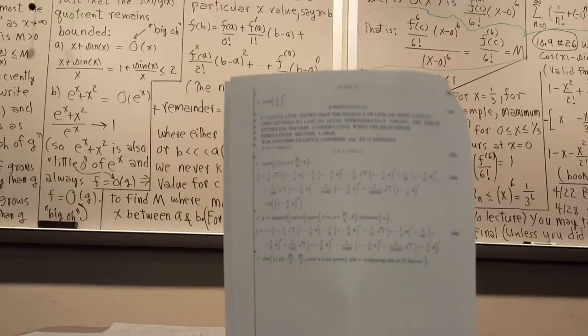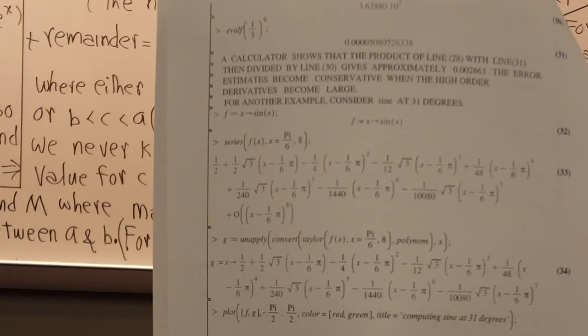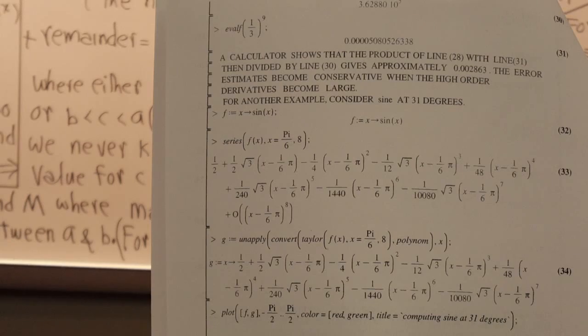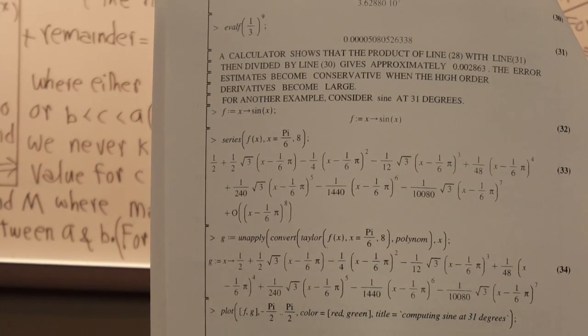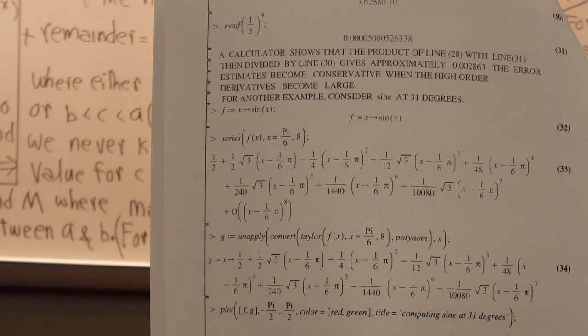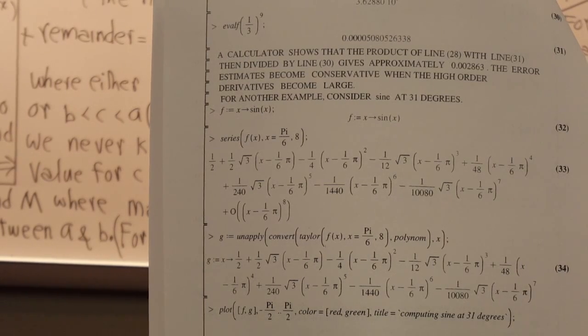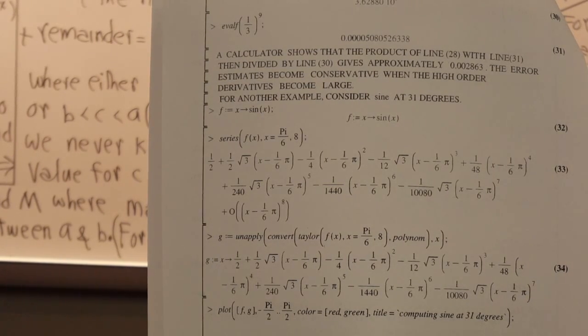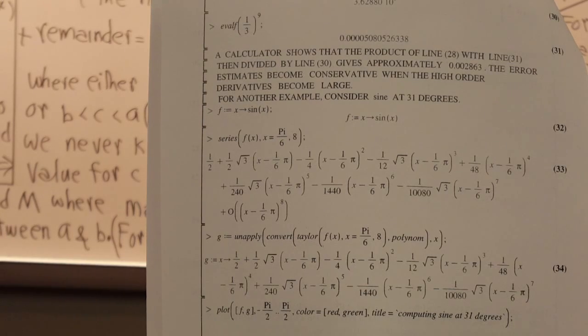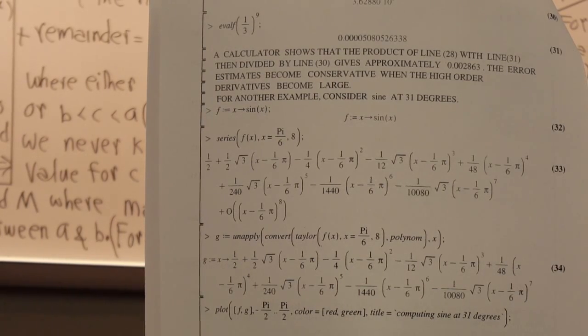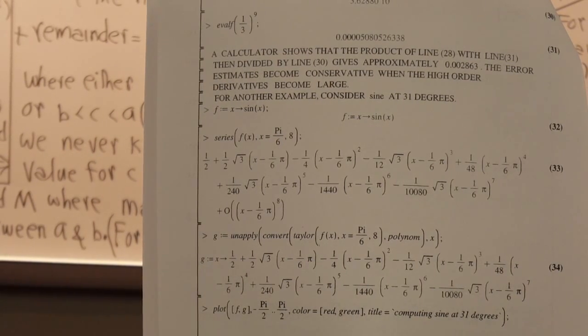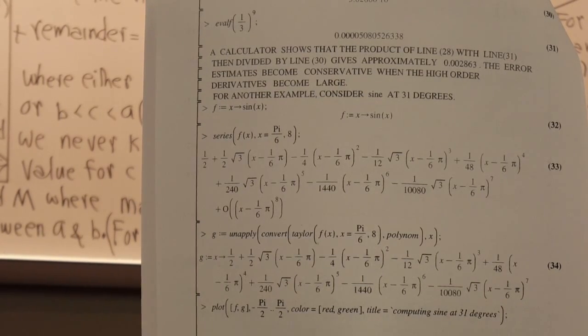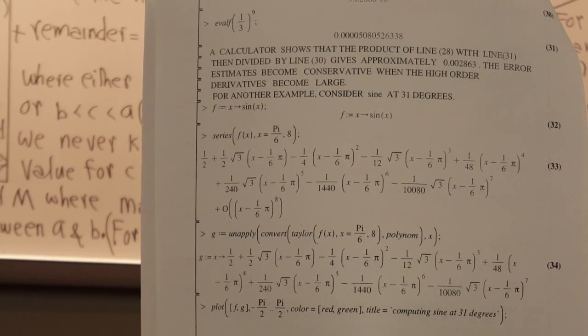All right, so you look down there at line 34, where I'm defining the function g as my Taylor polynomial that goes through degree 7, my 8-term Taylor polynomial. That unapply convert business is just a way to get Maple to define a function g, which will be the function that we've been working with.